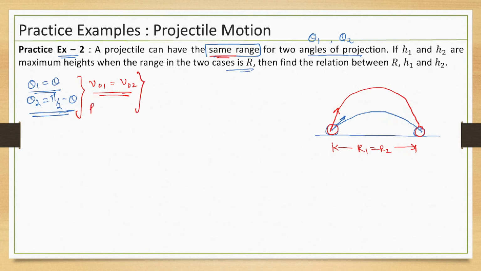Theta 1 is theta, then theta 2 is pi by 2 minus theta. This height represents h1 and this height represents h2.